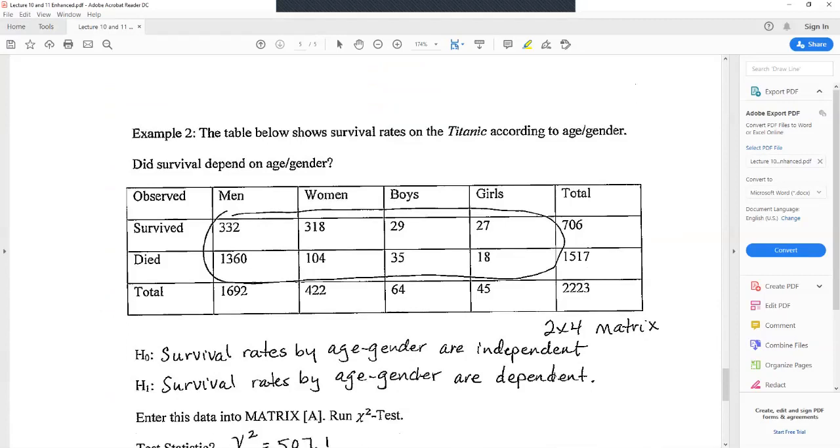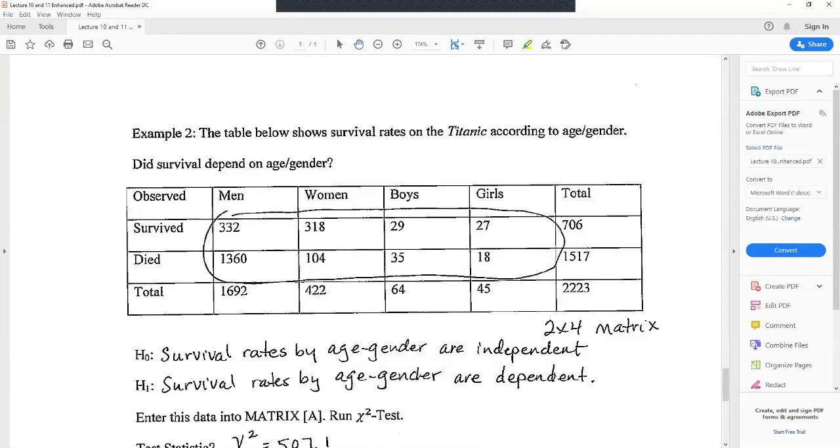Example 2. The table below shows survival rates on the Titanic according to age and gender. So this is a test to determine whether or not someone being old or young, male or female, determined the likelihood of their surviving or not. Well, if we look at this chart, we see that we have two categories of people based on survival.